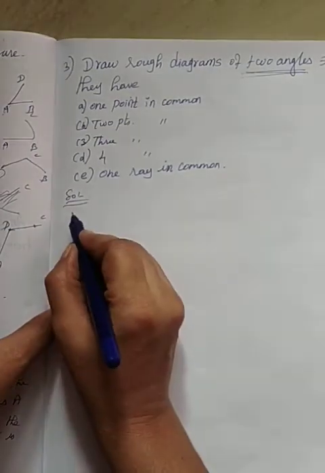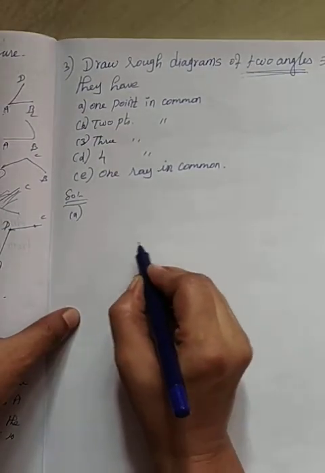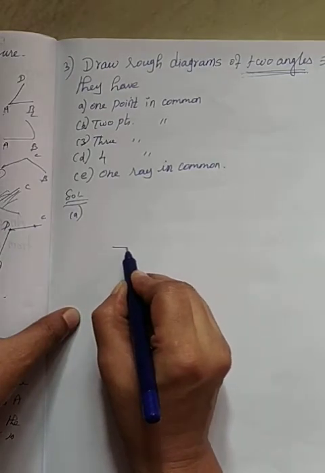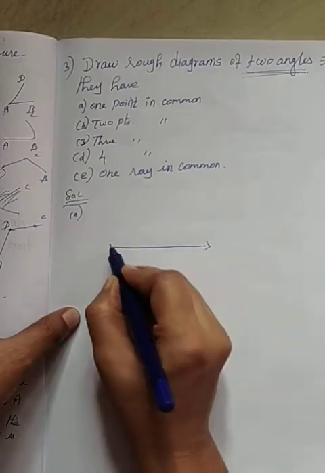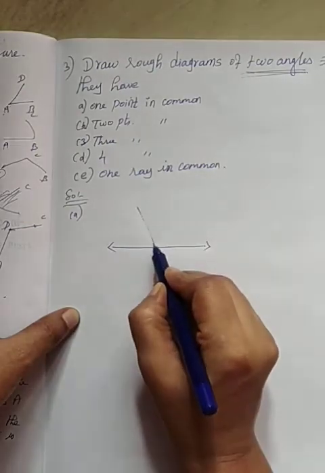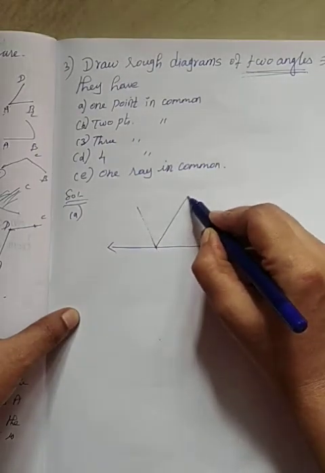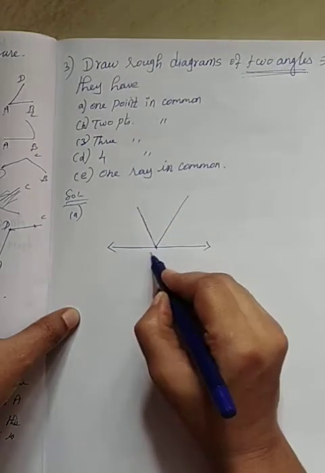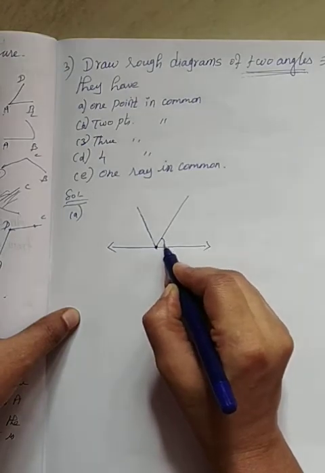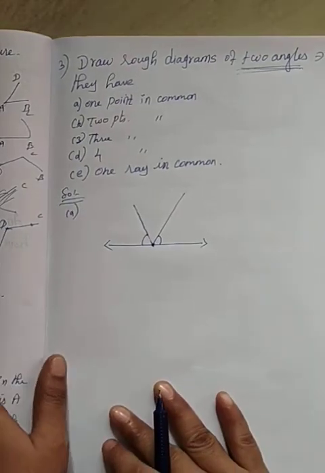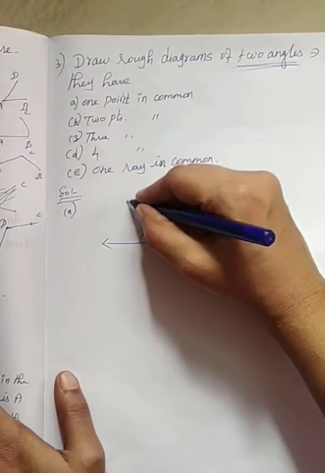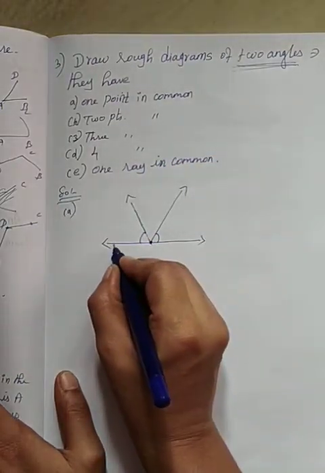So how can you draw? See here, I can take, you need two angles, 1 point. So 1 point, two angles. Everybody clear?